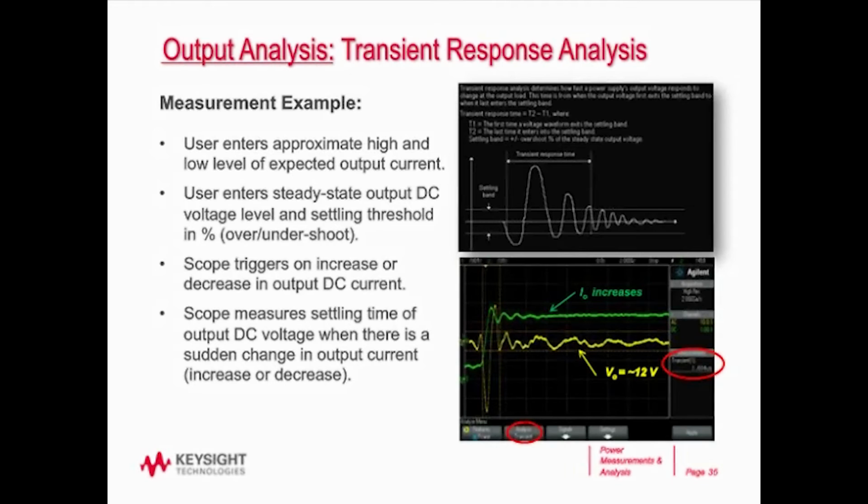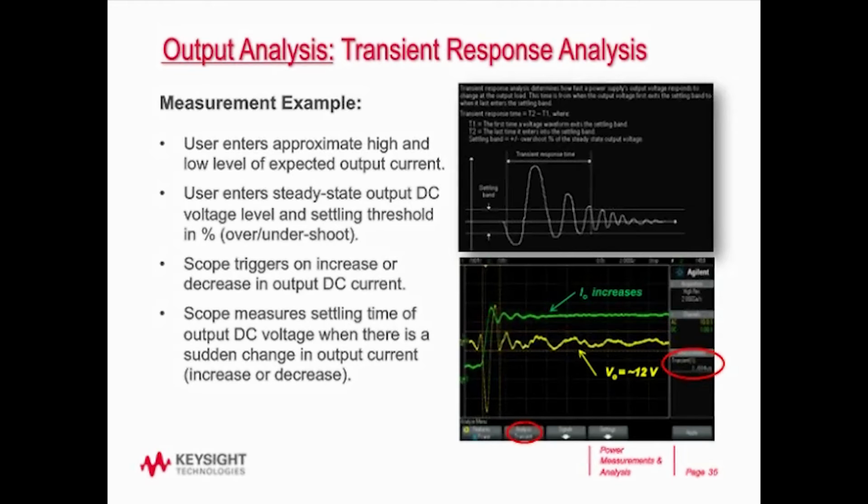When you initially change a load on the output of your device under test, there's going to be a transient that will occur on the DC that's driving it. So if you have a sudden increase in load, that means the current is going to go up. There will be a sudden decrease in the output voltage until it can re-regulate it and get it back up to where it needs to be.